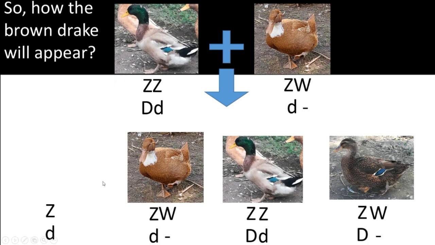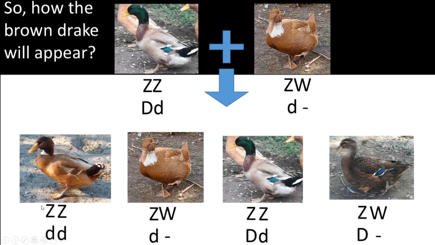Let's look at the fourth combination. Father gives the Z with brown, mother gives the Z with brown, so it will be double Z, so it's a drake, it's a male, and it's brown. So that's how the brown drake can be created. That easy.